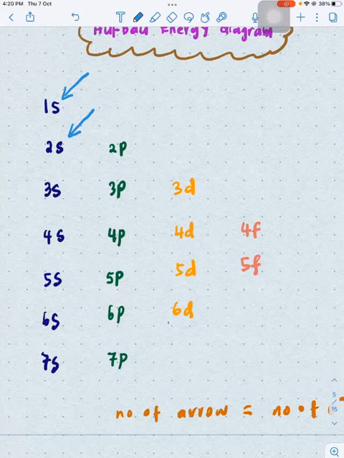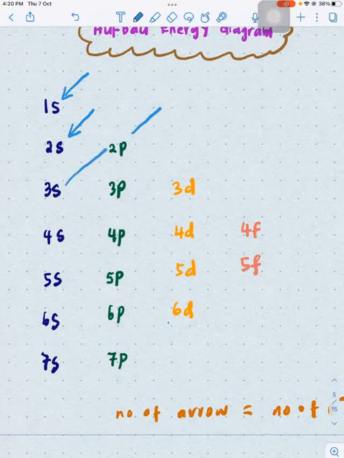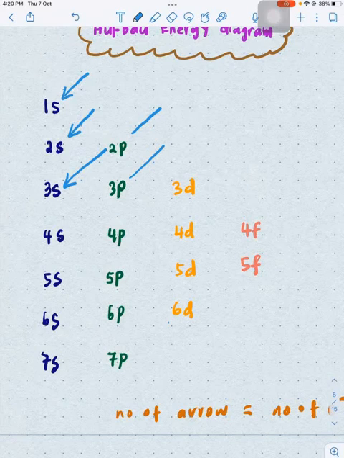After 2s, it will be followed by 2p. Once 2p is full, we fill 3s. Then after 3s we go to 3p, and after 3p we go to 4s.